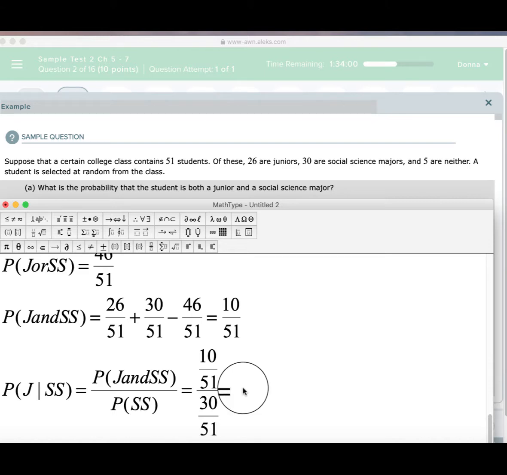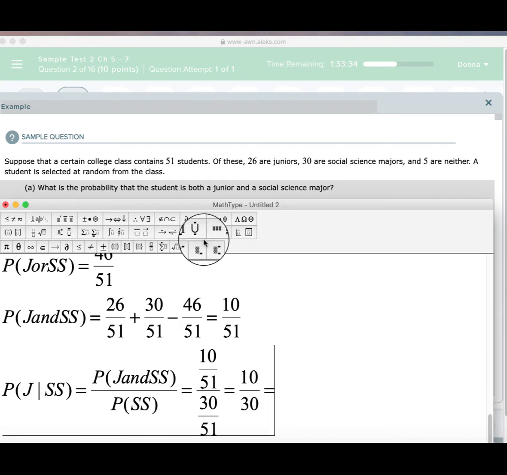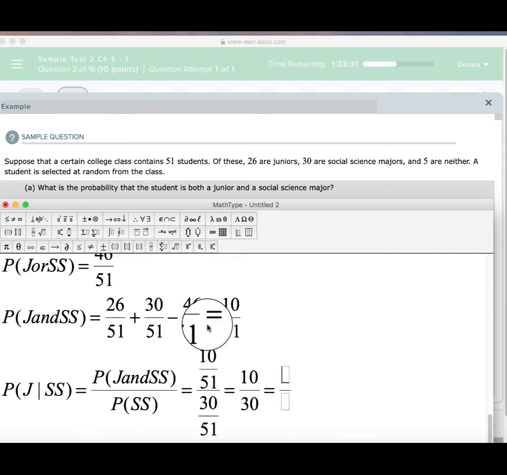Excuse me, it's actually the 51 that's in both of the denominators, one in the numerator and one in the main denominator. So those 51s will cancel, and you're just left with 10 out of 30. Or you could reduce it to equal 1/3. I think ALEKS will take both. So the first answer is 10 out of 51, and the second one will be 1/3.